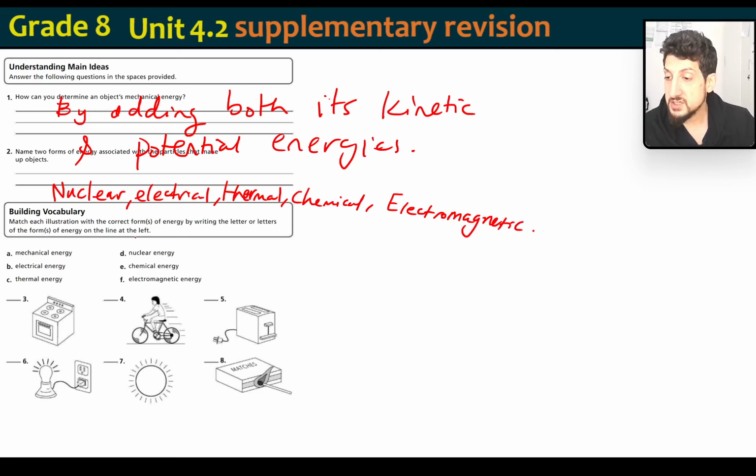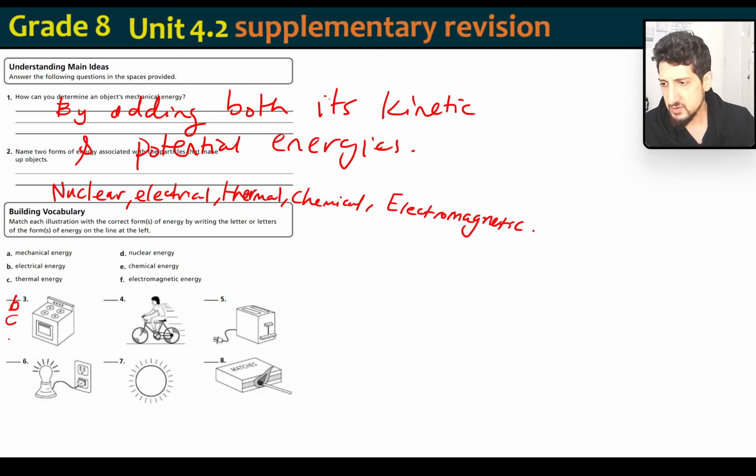Okay, next we have this exercise over here. Match each illustration with the correct form of energy by writing the letter next to it. So we have a stove here. What kind of energy is associated with the stove? Quite a few. So we've got electrical energy, B. We also definitely have thermal energy. That's the job of the stove, C. What else do we have associated with it?